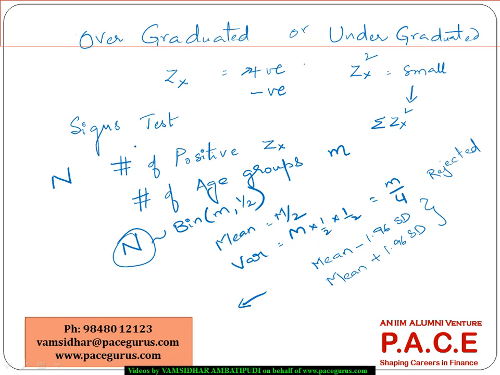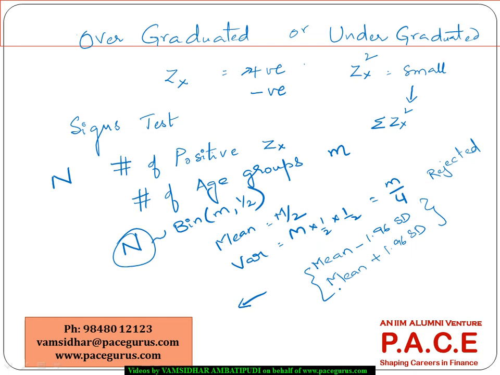But if my n lies within this range, then I cannot comment on the overgraduation or the undergraduation. That's where this test becomes a two-tailed test, because I am checking for the deviation both on the lower side as well as on the higher side.